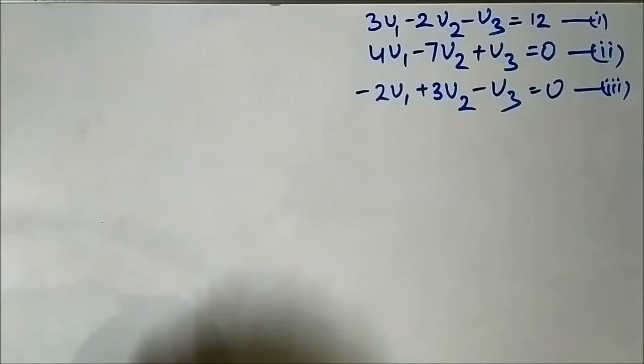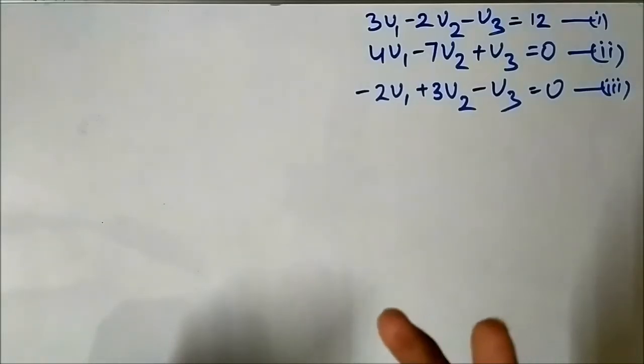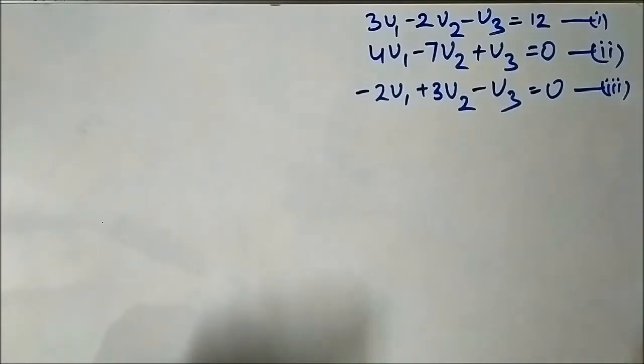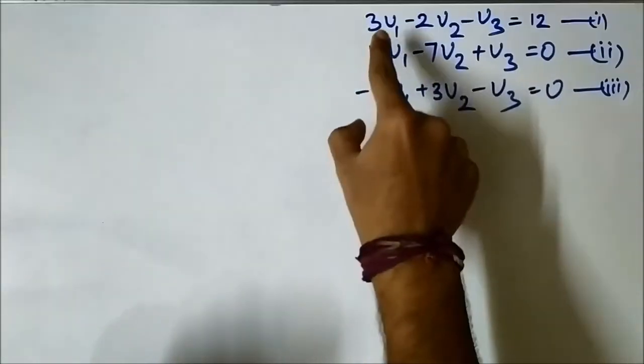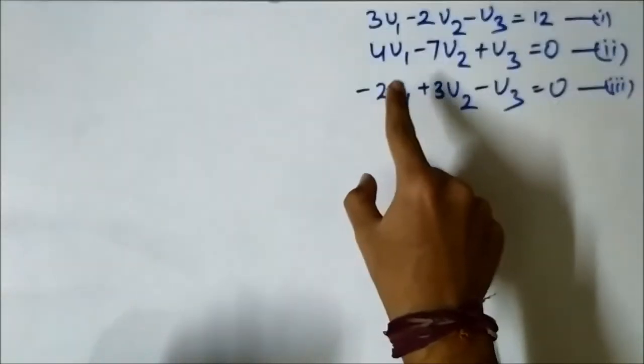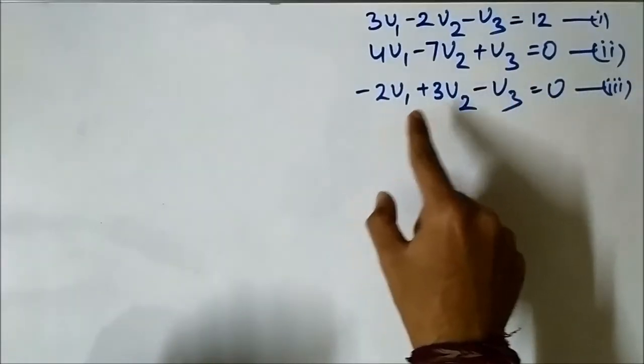The first approach is, if your college or educational institution allows scientific calculators, then you can solve them easily in a matter of few seconds by going into the equation mode and selecting the 3 variable format. You just put these coefficients 3, 2, minus 1, 4, minus 7, 1, minus 2, 3, minus 1.